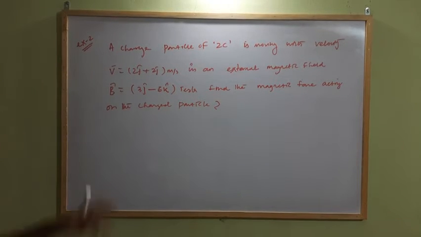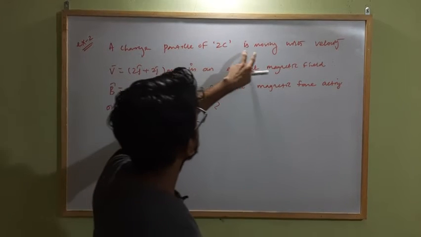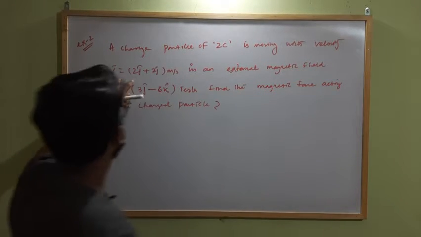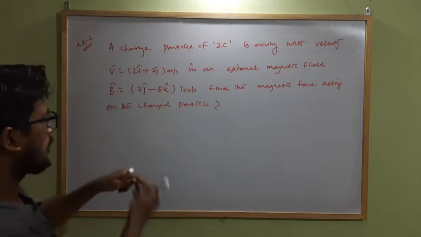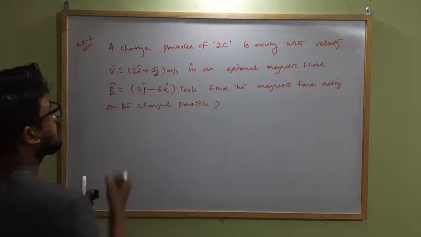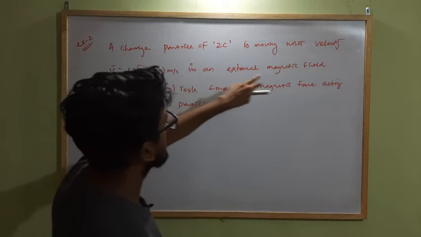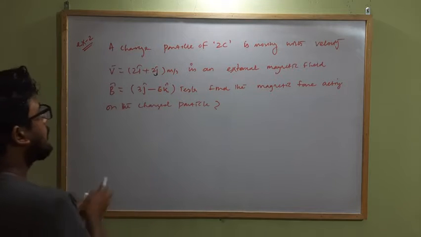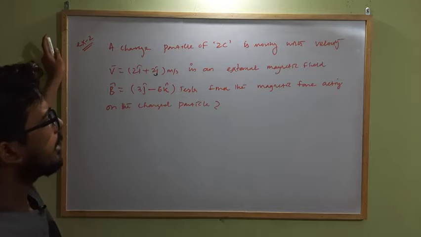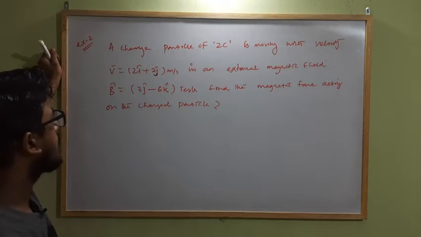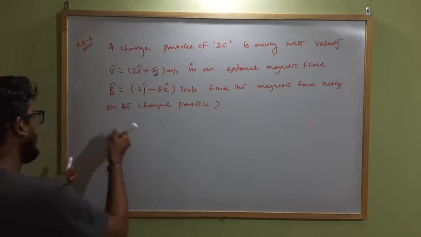Okay, so a charged particle of 2 coulomb is moving with velocity v equal to 2i cap plus 2j cap meter per second in an external magnetic field B equal to 3j cap minus 6k cap Tesla. So find the magnetic force acting on the charged particle. So what will be the answer?